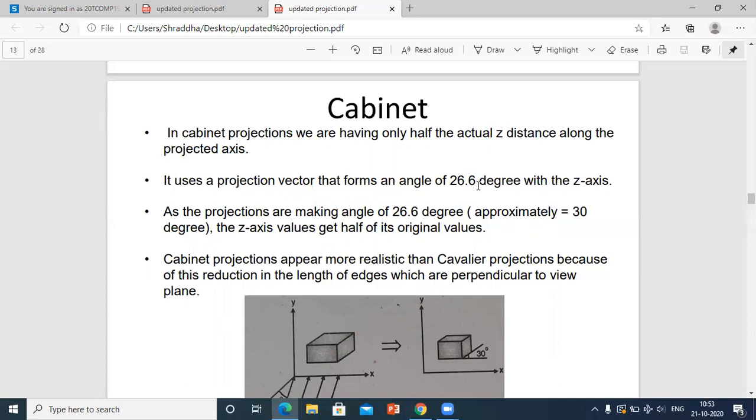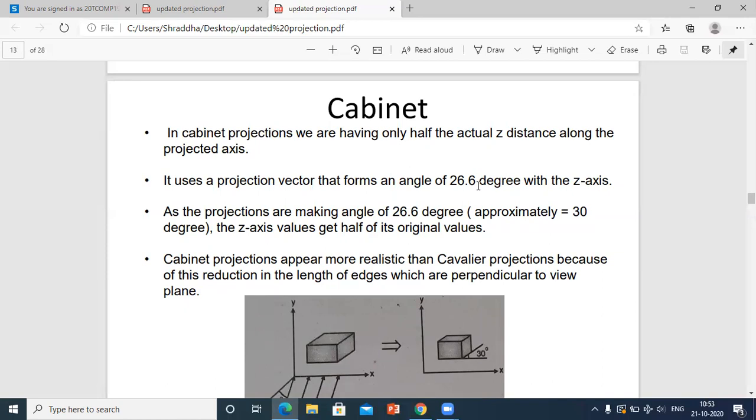So what does this mean? The projection vector forms an angle of 26.6 degrees with the z-axis, and the projection will be half the actual z distance. Okay. As the projections make an angle of 26.6 degrees, the approximate value will be considered as 30 degrees. The z-axis values will be half of their original value. Suppose the z-axis value is 6, it will give half of its original value.